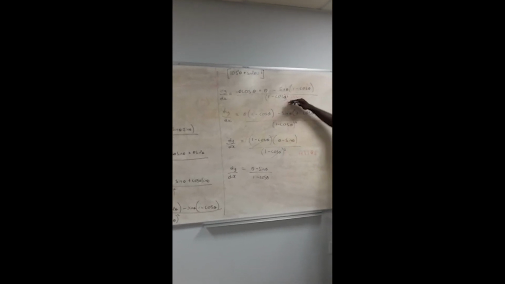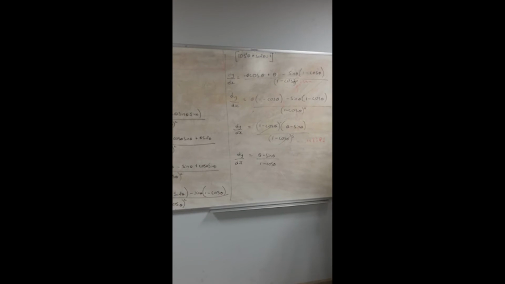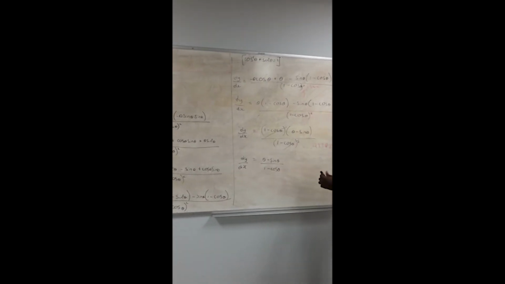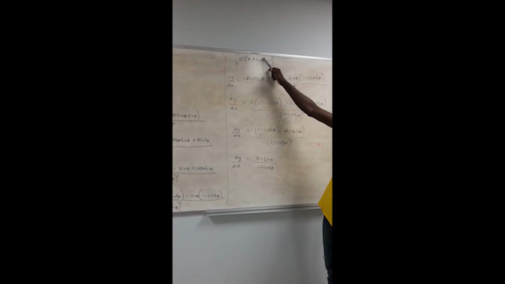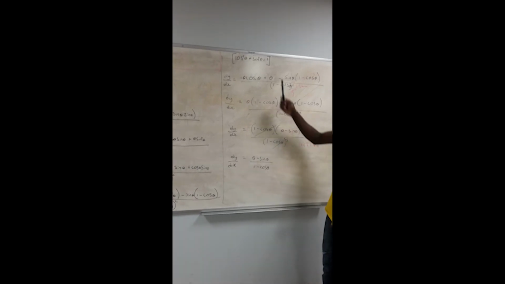At this step, you need to use the trigonometrical identity, which is cos square theta plus sine square theta equals 1.